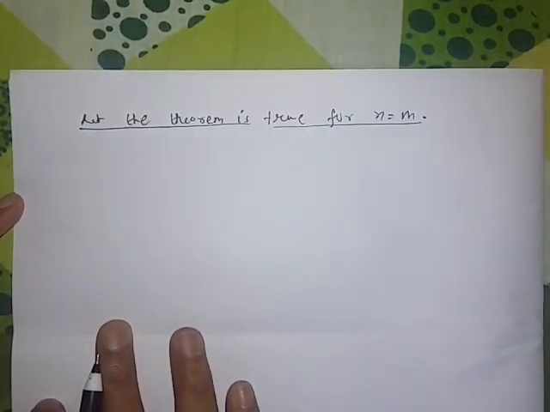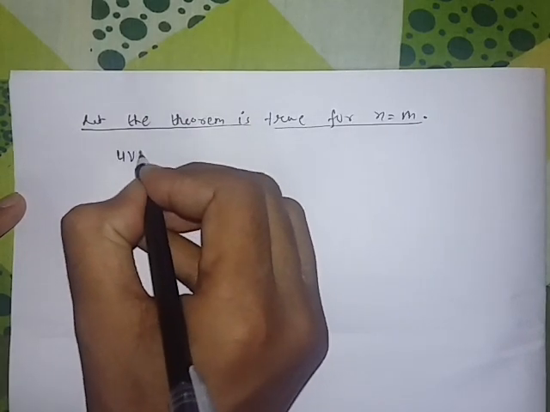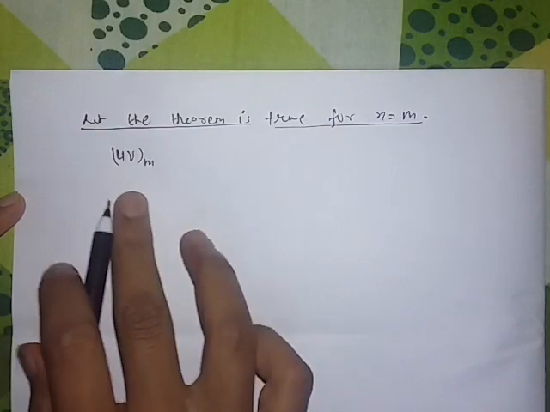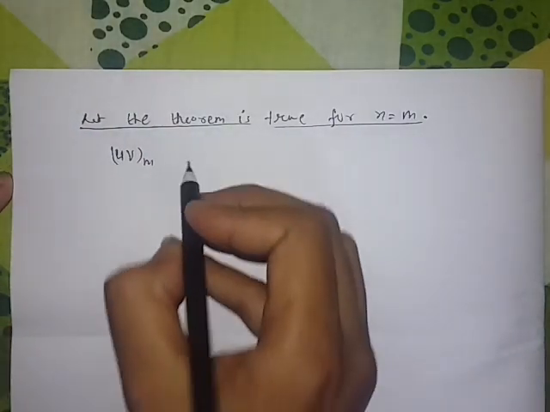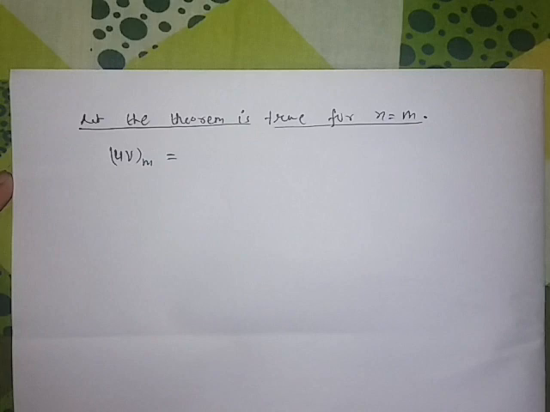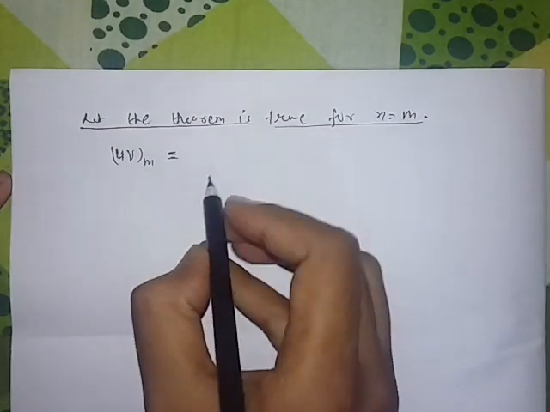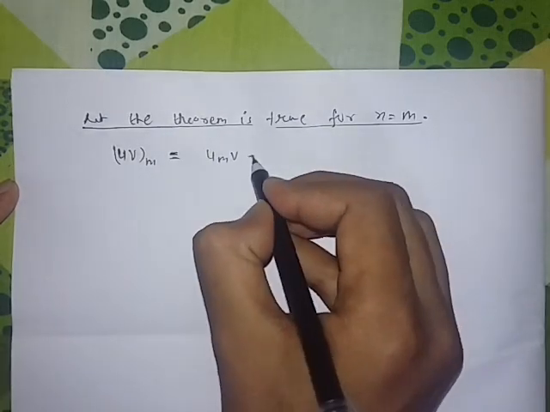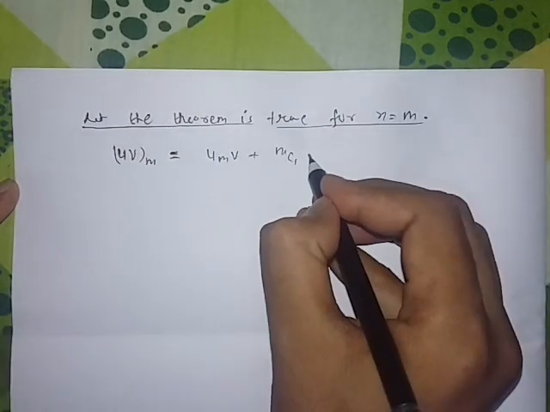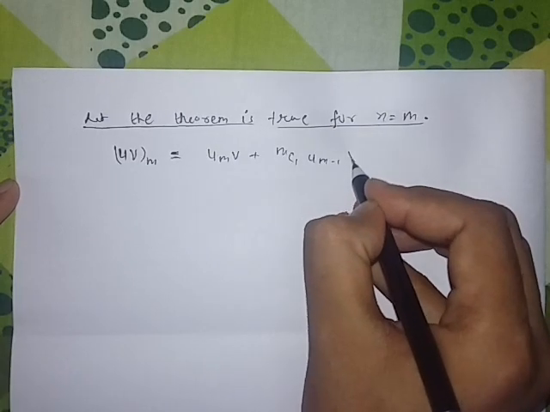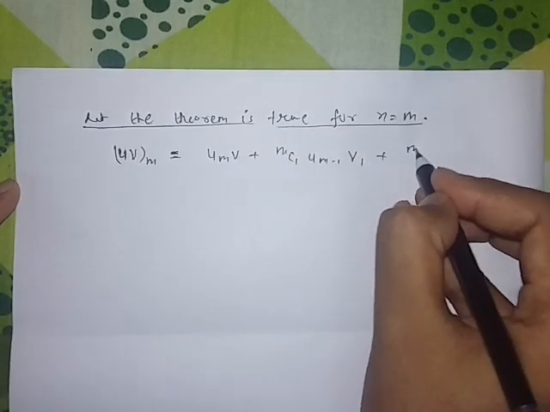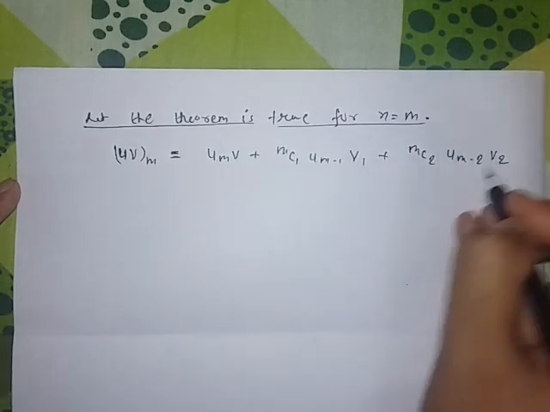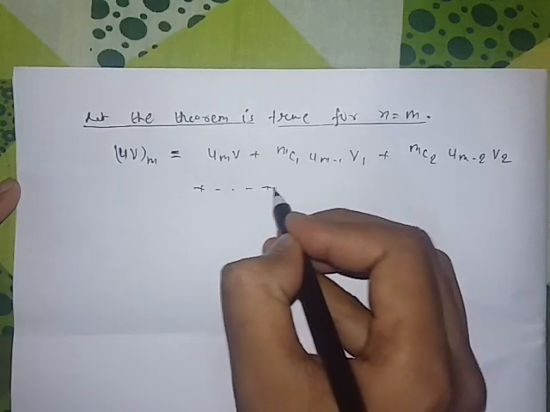Then we will obtain that (uv)m, that is the mth time derivative of the product uv, will be equal to, as done previously, um v plus mc1 um minus 1 v1 plus mc2 um minus 2 v2 plus dot dot dot.